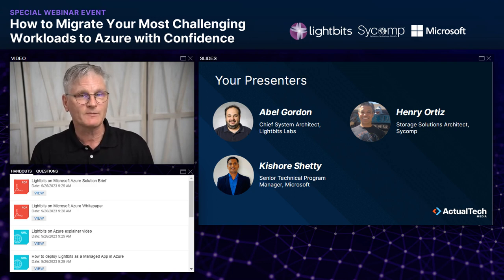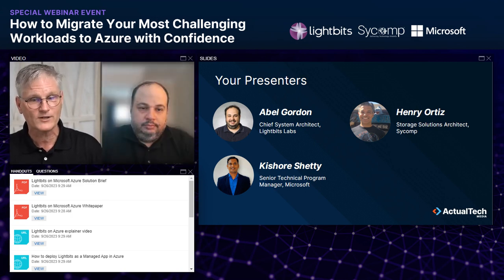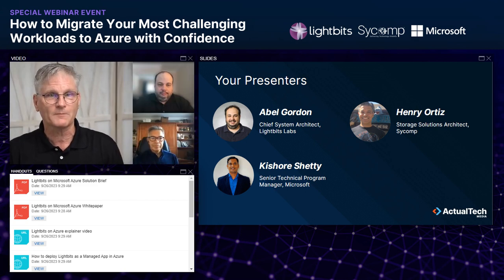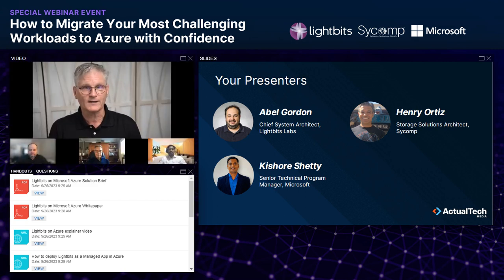Will they have the same availability and data protection in the cloud as on-prem? And how much time and money will we waste if we migrate to the cloud and then have to repatriate back on-prem for SLAs or cost reasons? I think we can agree those are tough questions, and we are going to talk about those issues right now.